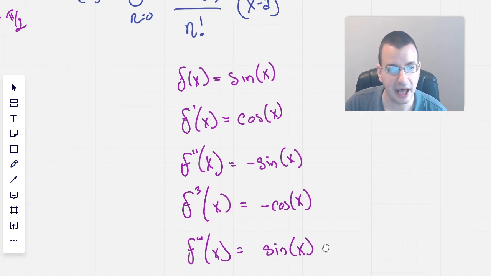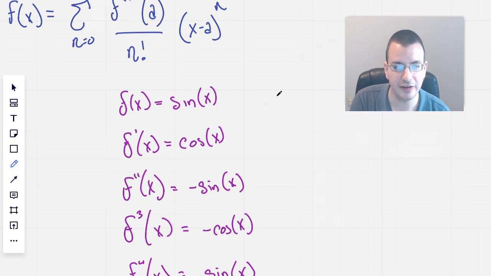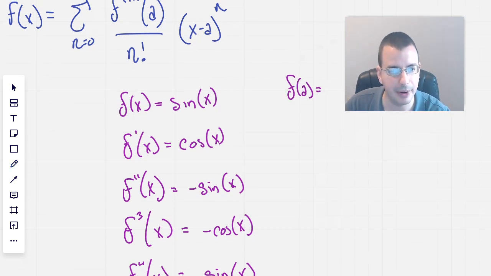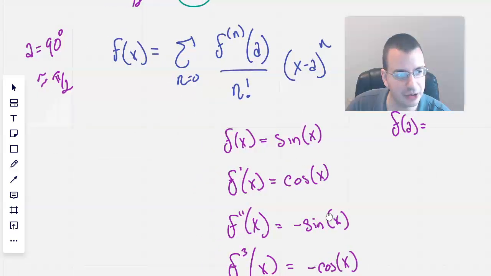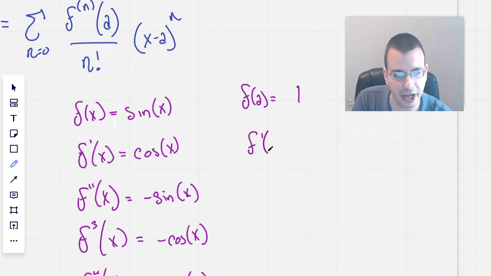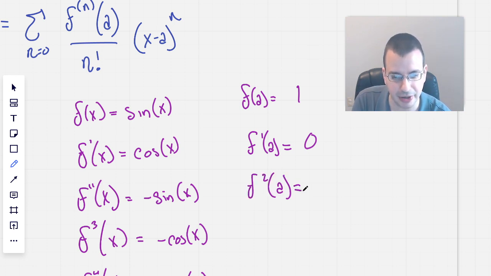Now we're going to plug in the value of a. So f of a equals, we said a equals pi over 2. Sine of pi over 2 will be 1. F prime of a will be 0, because cosine of pi over 2 is 0. F double prime of a will be negative 1.